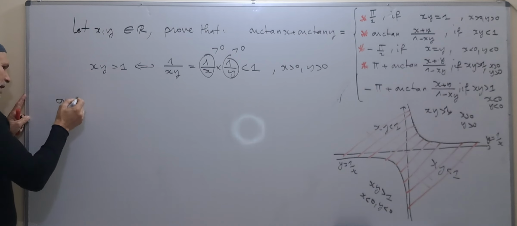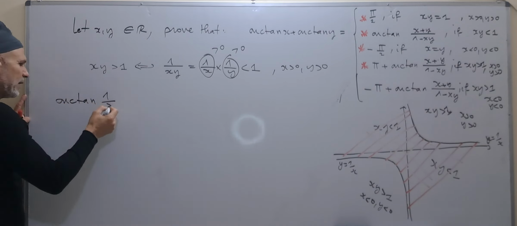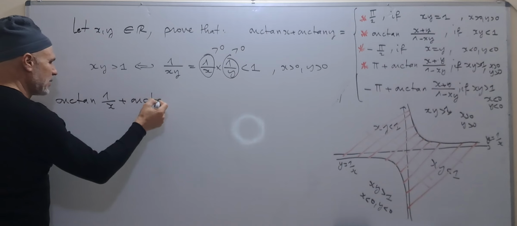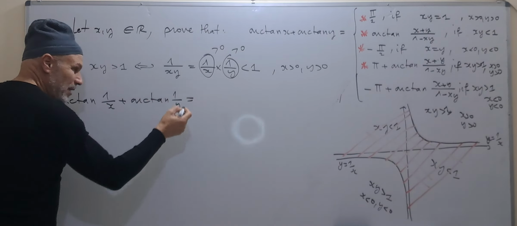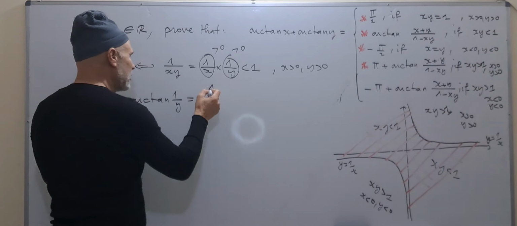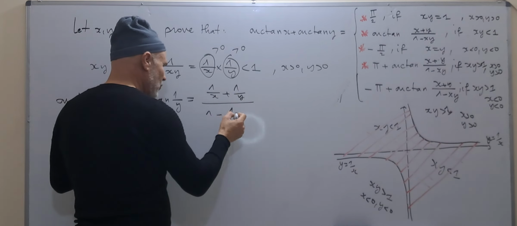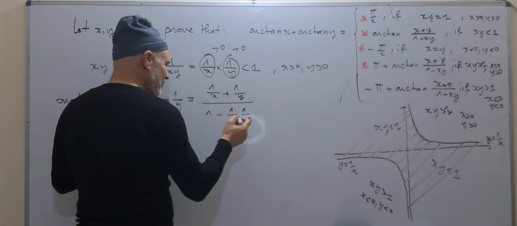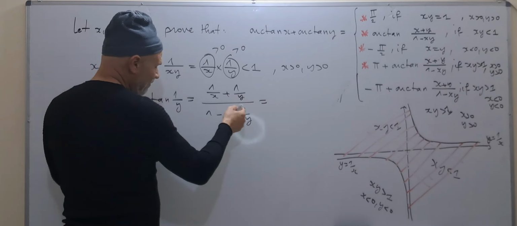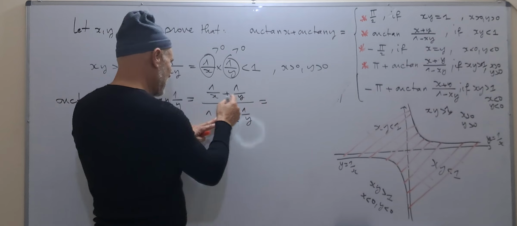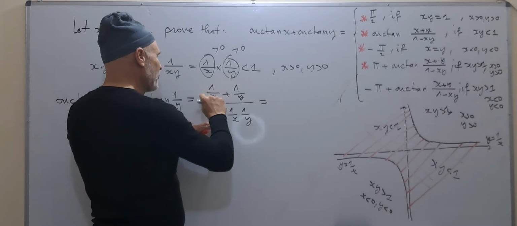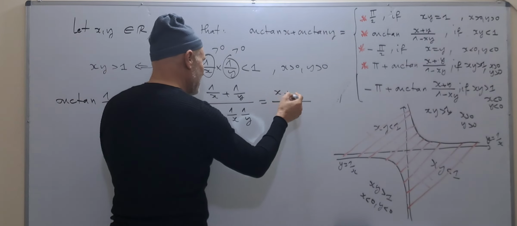Then arctangent 1 over x plus arctangent 1 over y is equal to what? To 1 over x plus 1 over y over 1 minus 1 over x times 1 over y. Abracadabra. Here we take x times y, so we have x plus y.